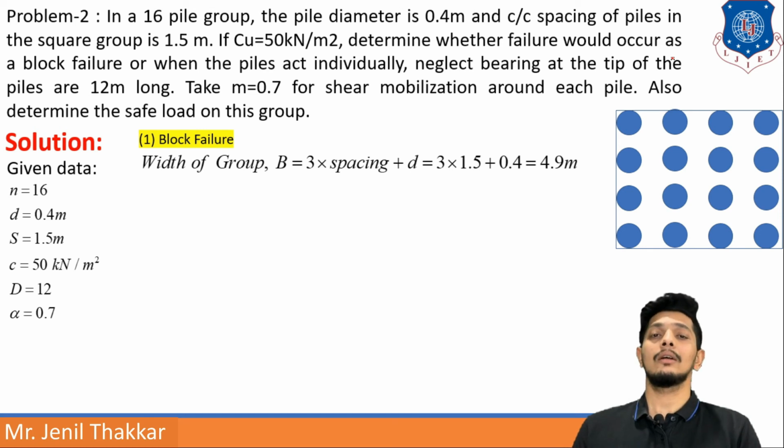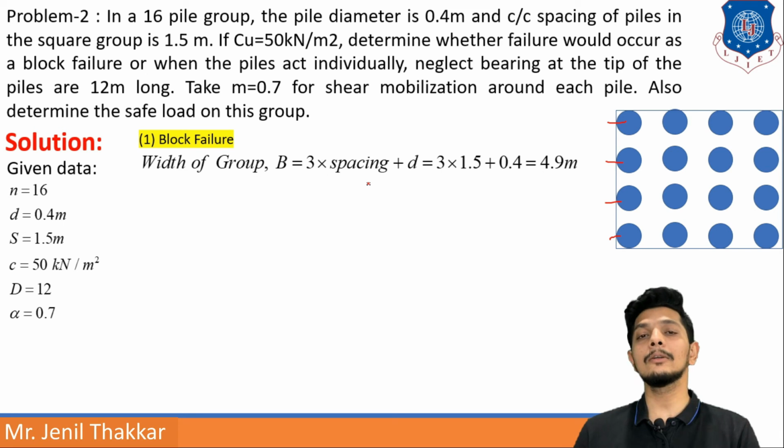Now we are calculating the perimeter first. For perimeter we need one side, right? For one side length we have to calculate like this. Center to center distance between two piles is given as 1.5. So 1.5 three times, 1, 2 and 3 times, plus 2 times half diameter, that will be 3 times spacing plus full diameter.